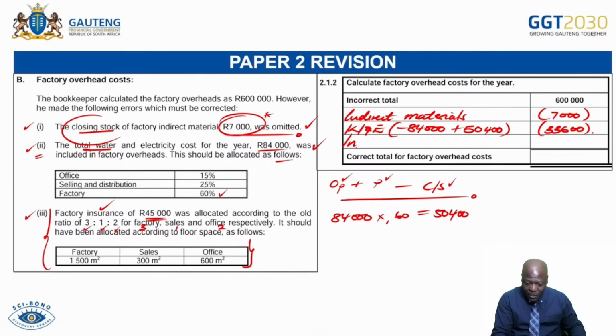So we come here, then we say insurance, we open bracket, and the incorrect amount, we always take it out. So we come here, then we say minus, okay, so this is factory insurance, 45, was allocated according to the old ratio. So if you desire, you can come, then you say minus 45,000 here. You take out the incorrect amount.